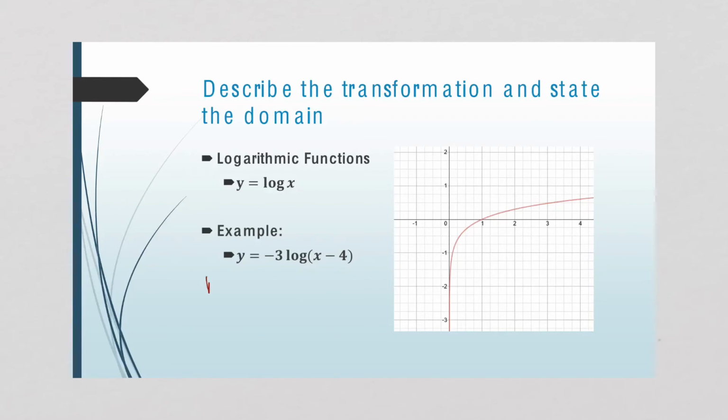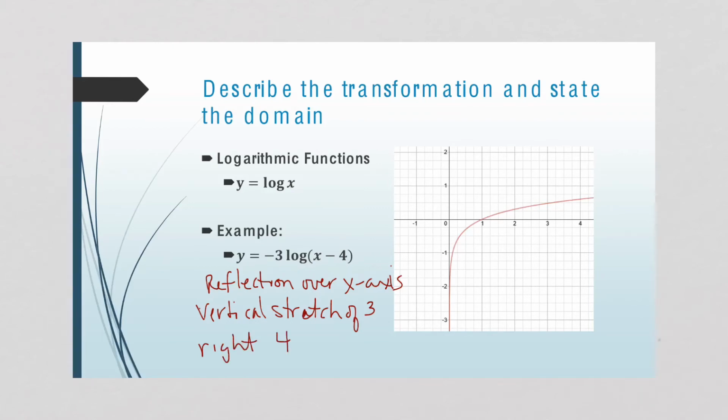So the negative is a reflection over the x-axis. 3 is a vertical stretch of 3, and the 4 is going to move me to the right 4.